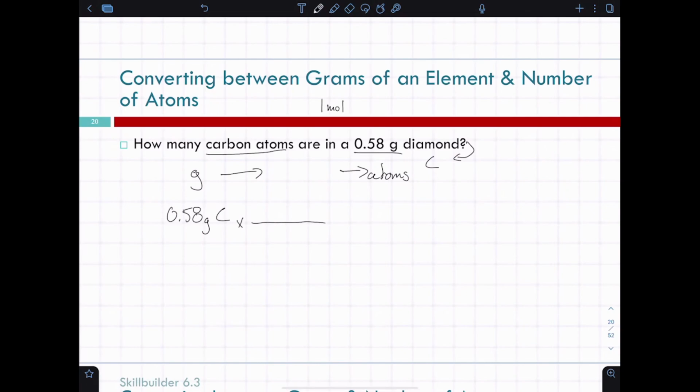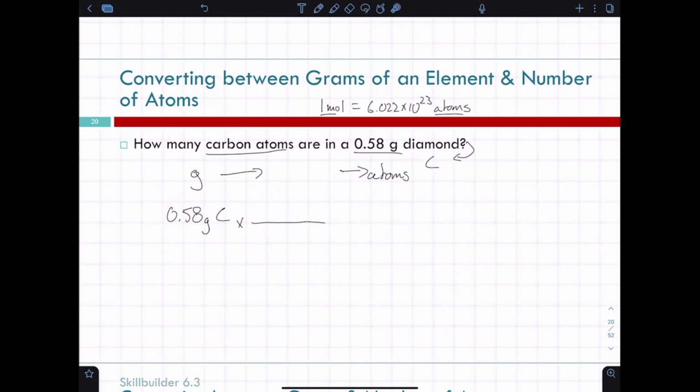So 1 mole is equal to 6.022 times 10 to the 23 atoms, and that's going to be our conversion factor, or one conversion factor that we're going to use.